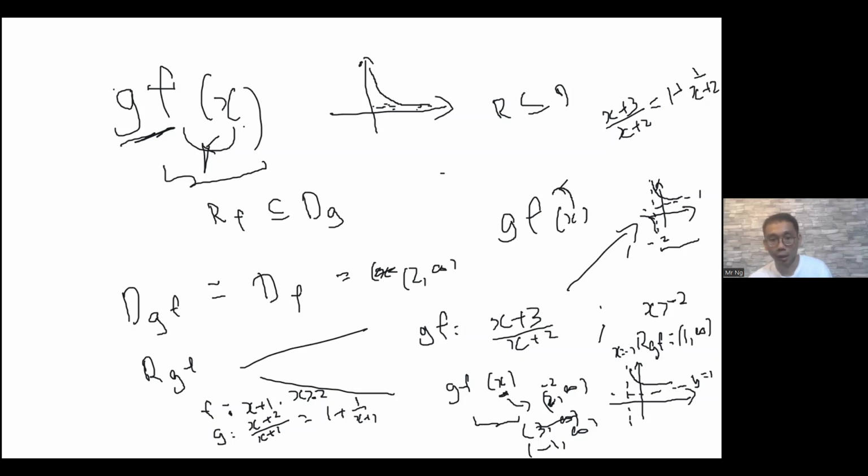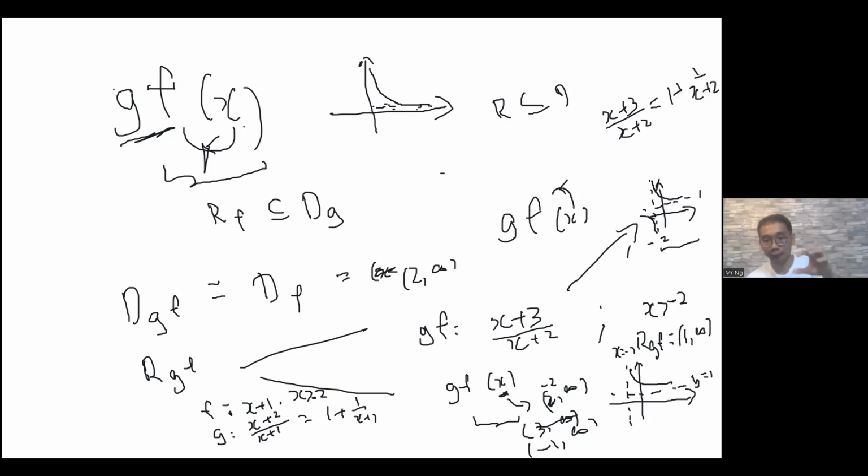This one is from negative 2 onwards, and the domain of gf is based on the domain of f, that's why here is x more than negative 2. I say that a composite function is about this value becoming another value, becoming another value.